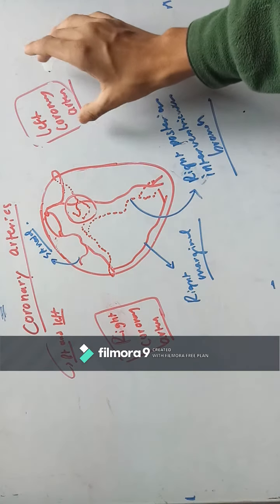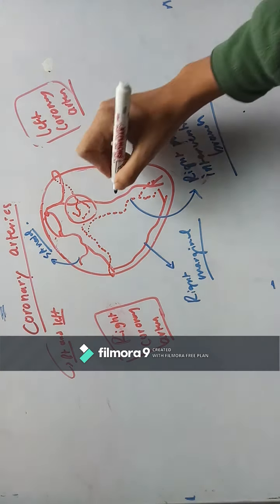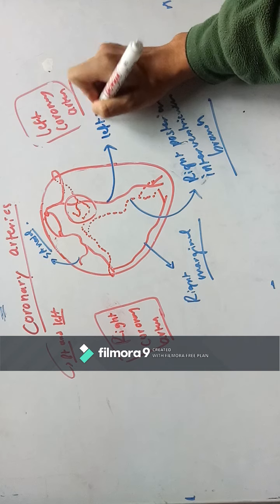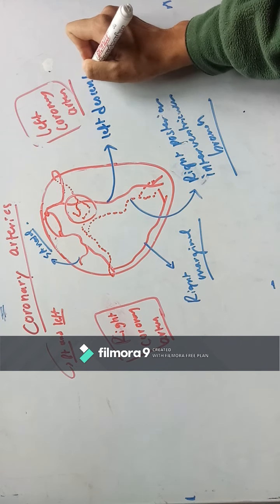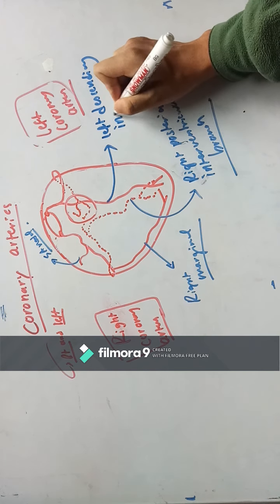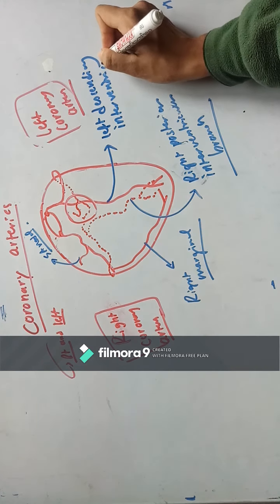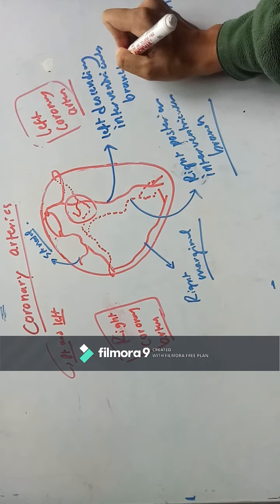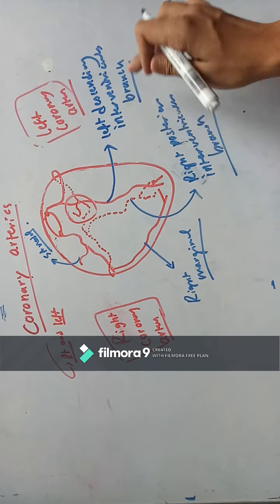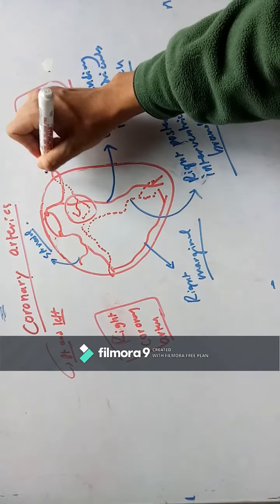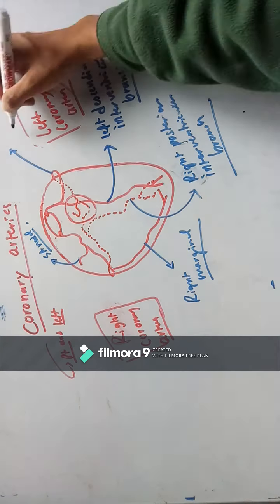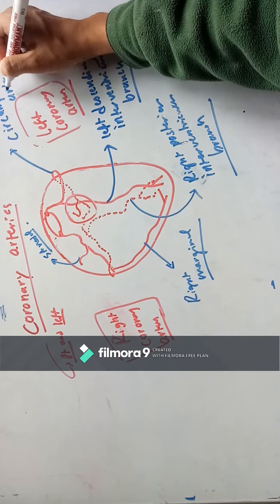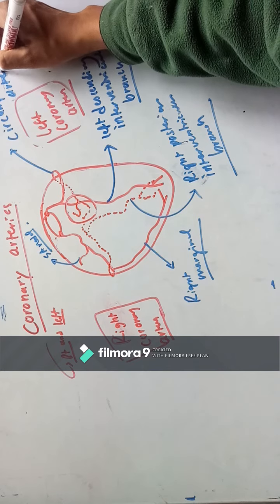So these are the important branches of the left coronary artery. Now let me label the branches. This one is the left descending interventricular branch of the left coronary artery, and the remaining part is called the circumflex artery.